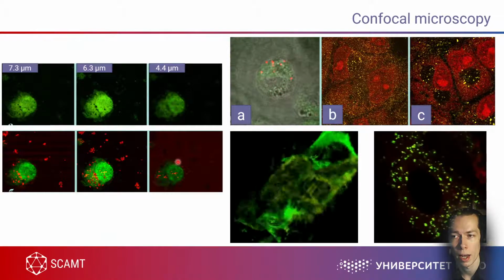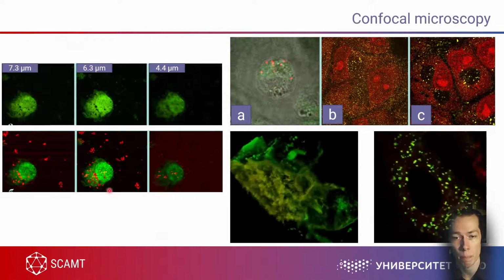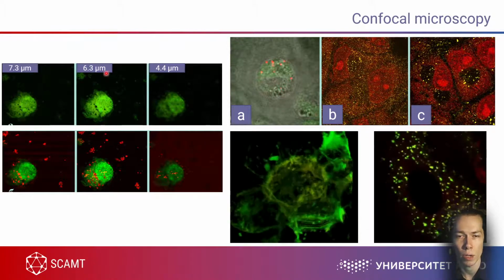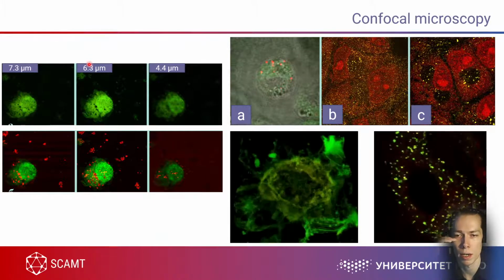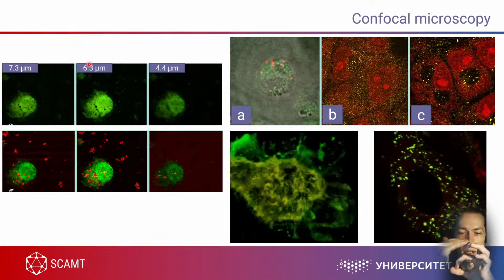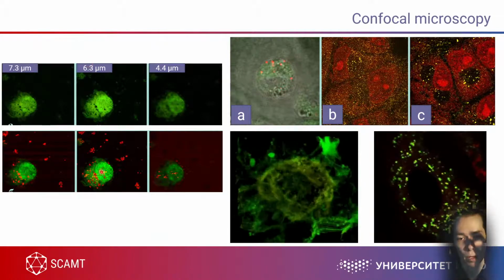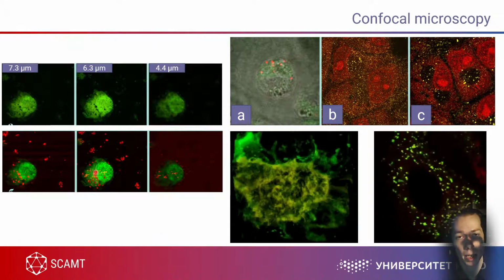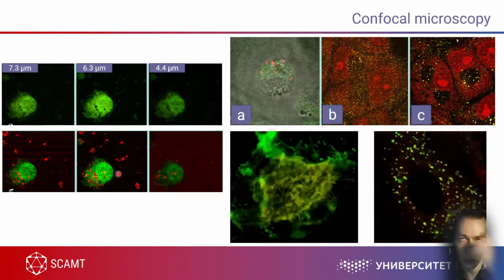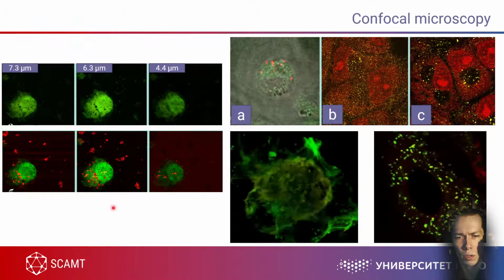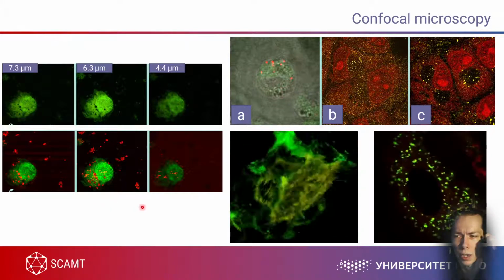And if you have some nanoparticles inside, you can just make a middle cross-section through the center of your cell, and say, we have some nanoparticles in the center. It means we have some colocalization with the nucleus, some colocalization with mitochondria, and so on.